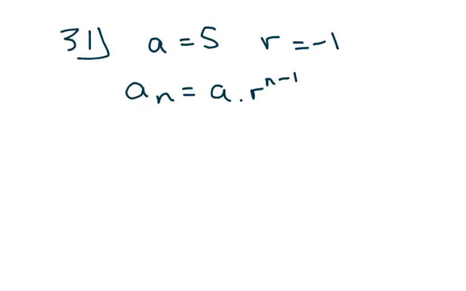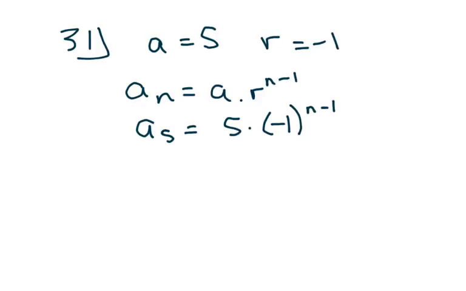So we're looking for the fifth term again, right? So a sub 5 equals 5 times negative 1 to the n minus 1. Okay? And that's all you have to do.